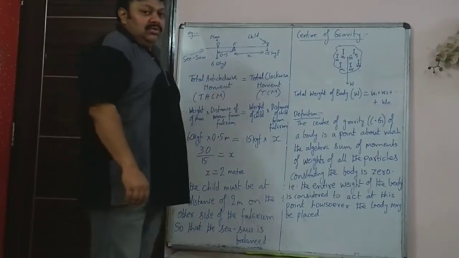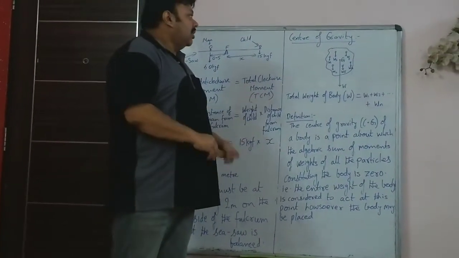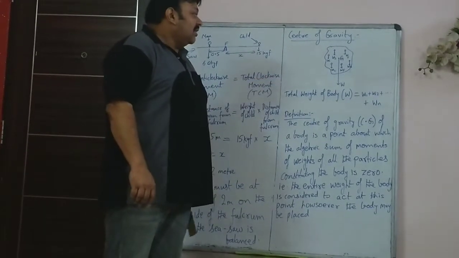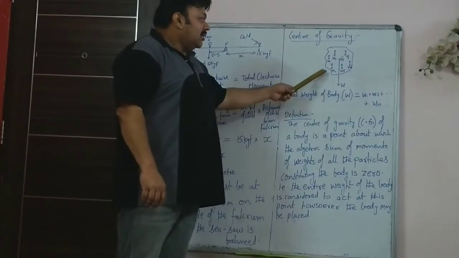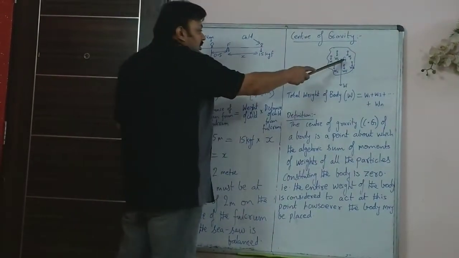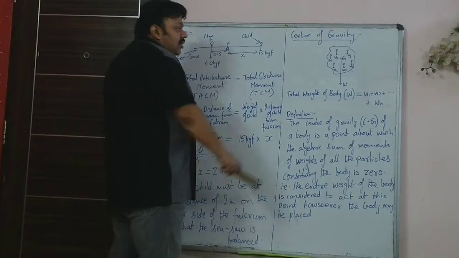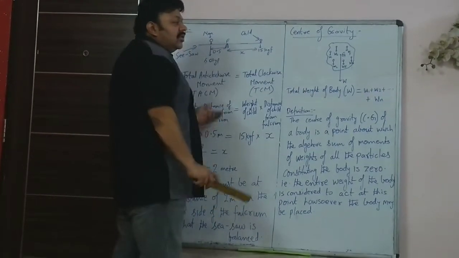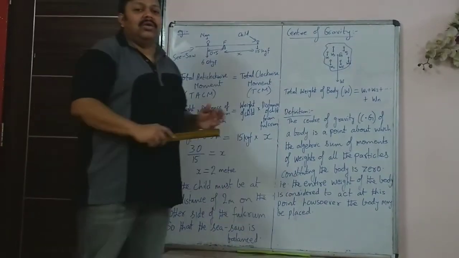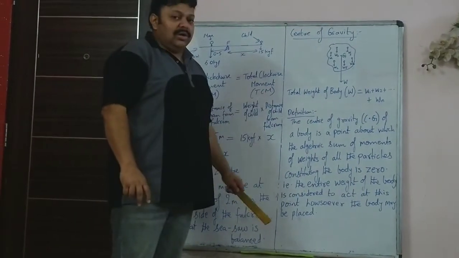Now we go on to the next part of the topic, that is center of gravity. Now in center of gravity, we are considering any object. In this object, you have so many particles constituting the object, it is virtually impossible to show each and every molecule constituting the body.